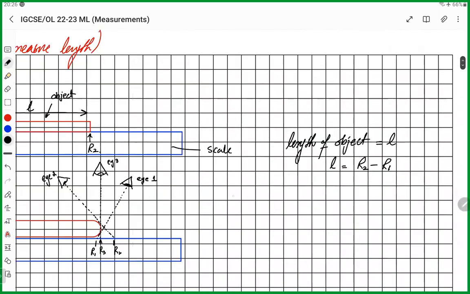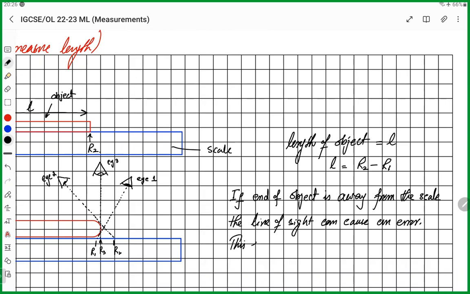Good. If the end of the object is away from the scale, the line of sight can cause an error.